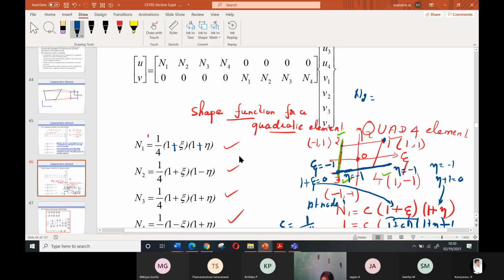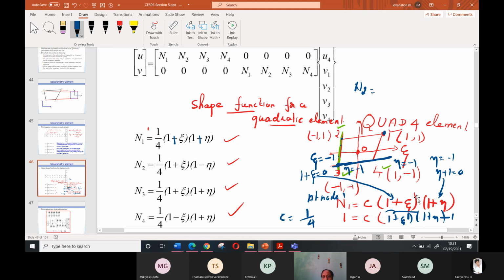Minus 1 and plus 1. So for N2, have you written this one? Have you covered? Shall I rub off all the other things? Try yourself. What is the N2 value? Tell me.